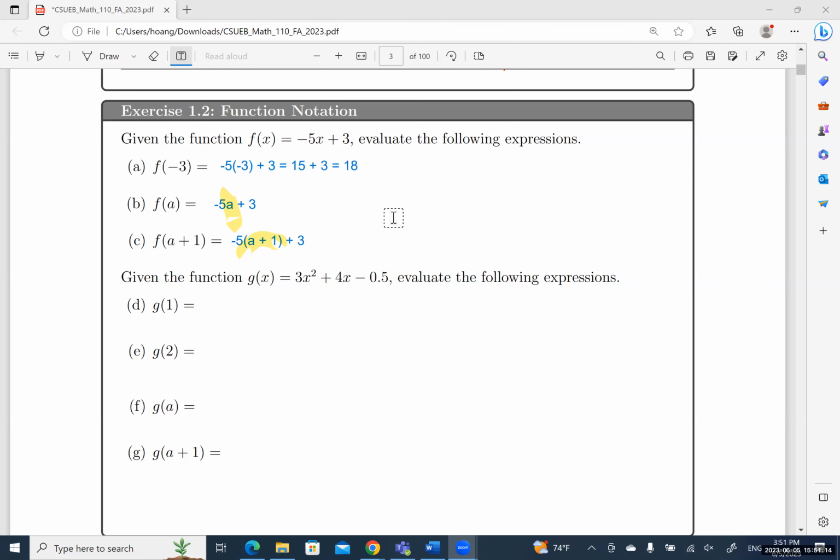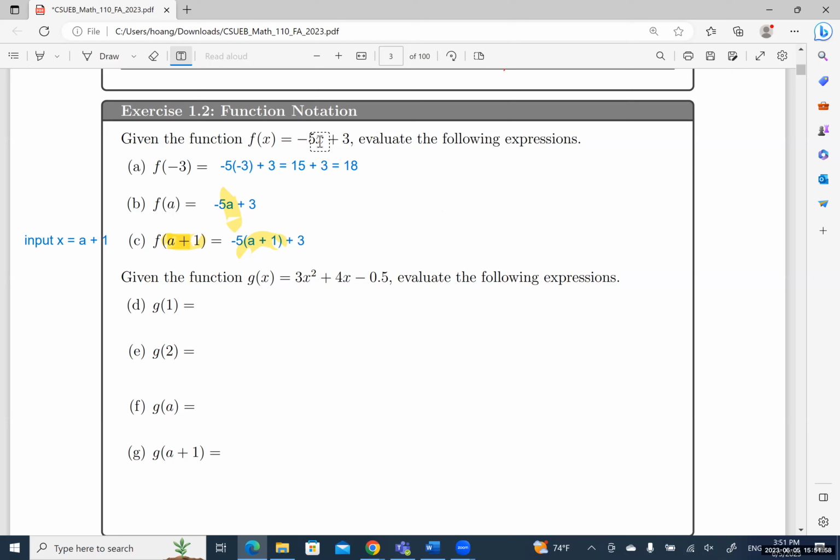So that means in here the whole input is a plus 1, right? Keep in mind that input x now equals a plus 1. If you see all the things inside the parentheses in f of something, that's going to be the input. The whole thing is going to be the input. So you will have to substitute all of this group into the x.